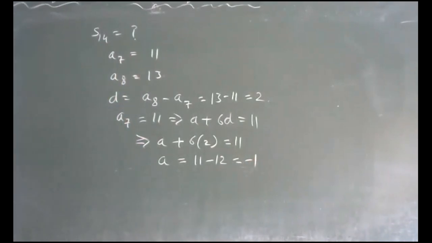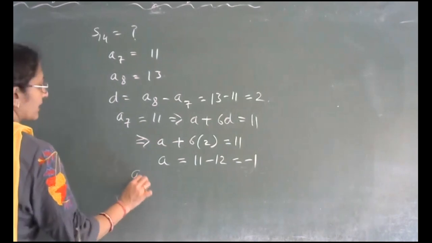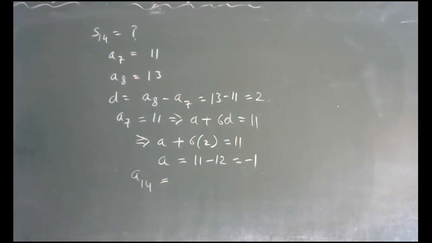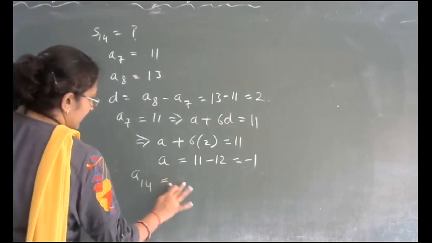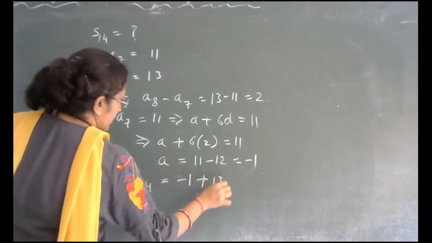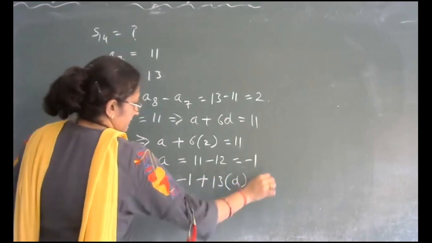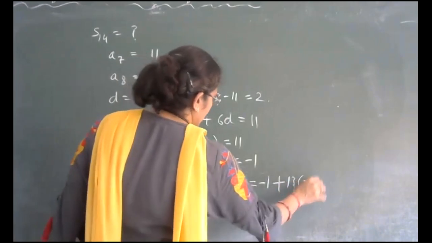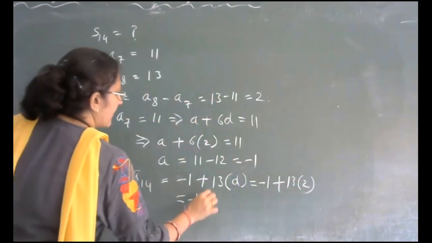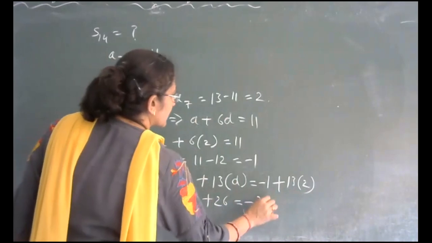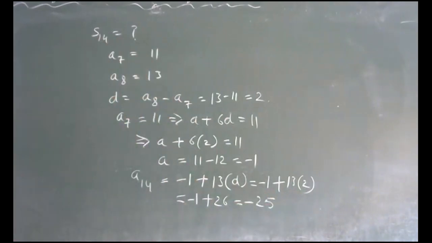So next we need to find A14, or directly you can use A plus n minus 1 into D. So what is A14? Minus 1 plus 13 into D, minus 1 plus 13 into 2, minus 1 plus 26, that is plus 25, positive sign.